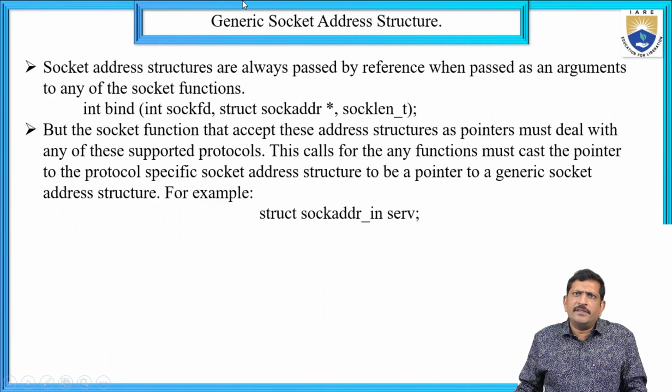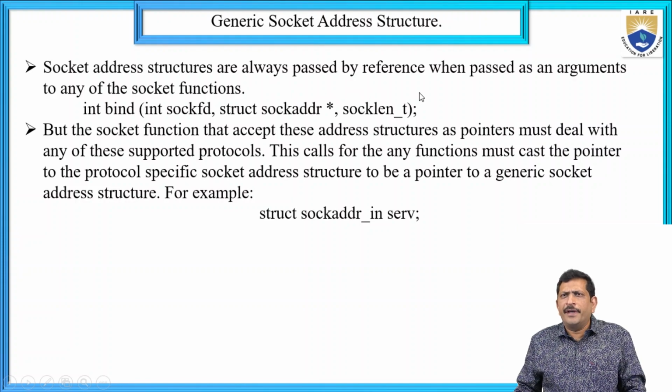Socket address, generic socket address structure. Socket address structures are always passed by reference when passed as an argument to any of the socket functions, for example int bind(int sockfd, struct sockaddr *, socklen_t addrlen).